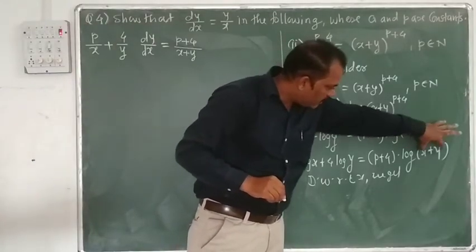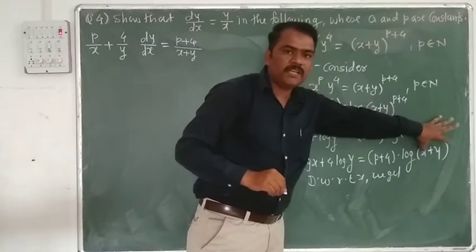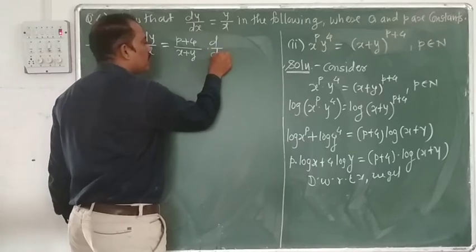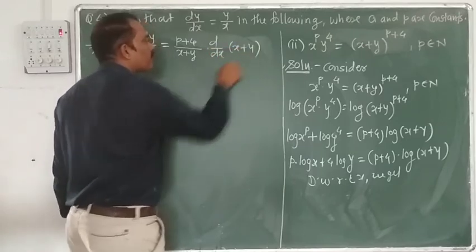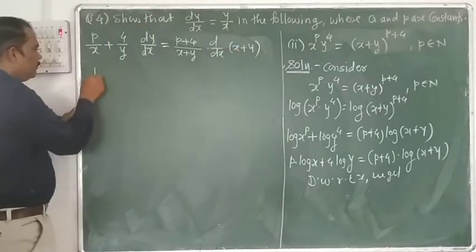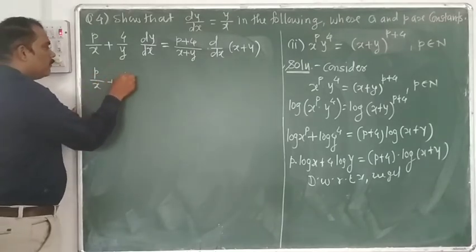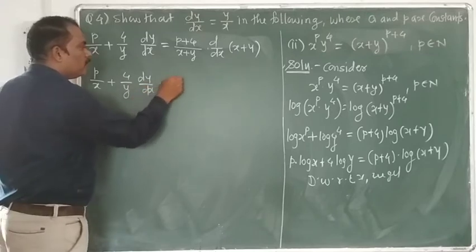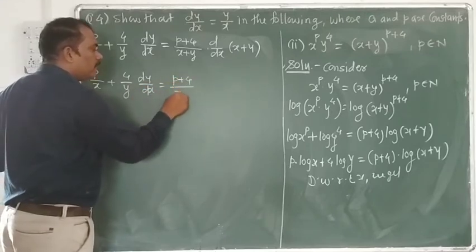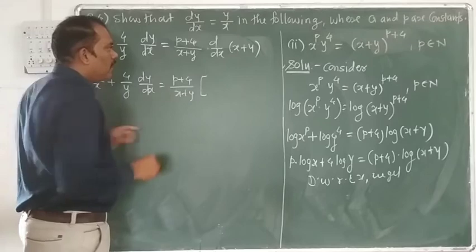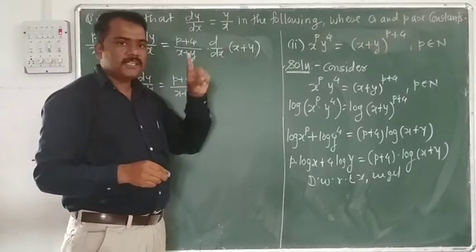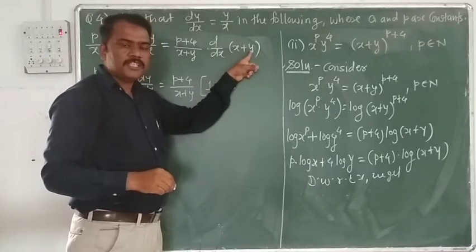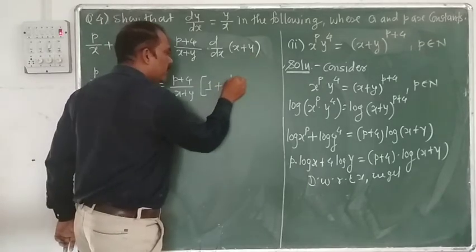Next we keep the finger on the bracket x plus y, that is into d by dx of x plus y, so that what we get here is p divided by x plus 4 divided by y into dy by dx is equal to p plus 4 divided by x plus y into, what is the derivative of x with respect to x? It is 1, plus the derivative of y with respect to x, which is nothing but dy by dx.